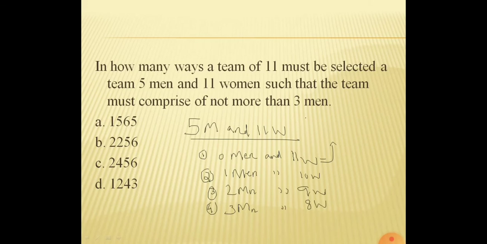Okay, 0 men and 11 women. How can you select 0 men from 5 men? That is 5C0 into 11 women from 11 women, that is 11C11. So 1 man is 5C1 into 10 women, so 11C10, right?